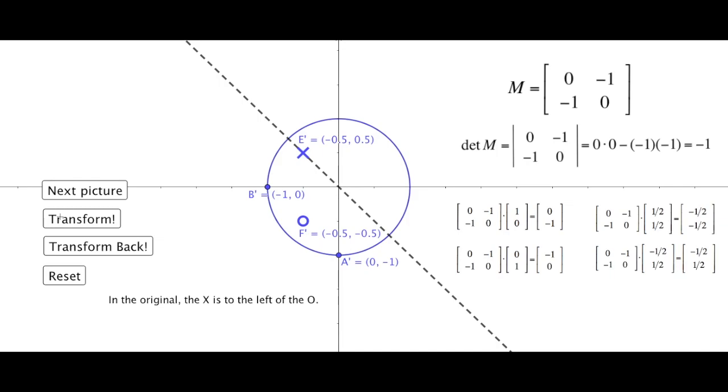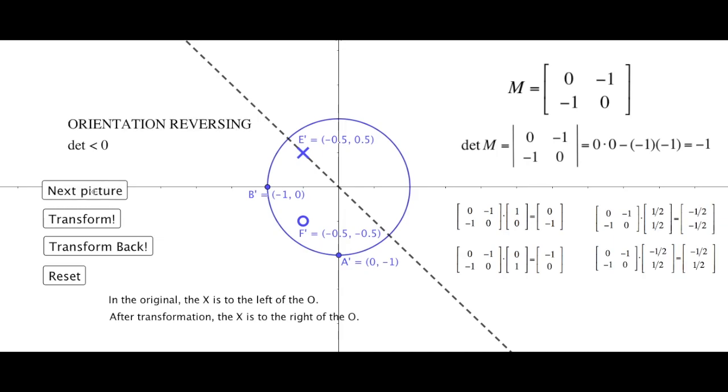We see that in blue, all of the points have moved to their new locations. It's important to also note that in the original image, the X was to the left of the circle. But after the transformation, the X is to the right of the circle.